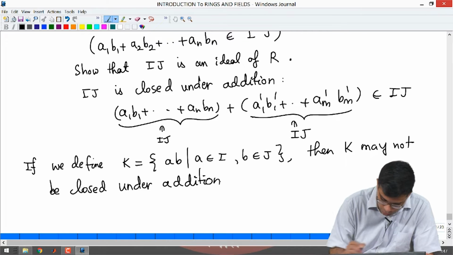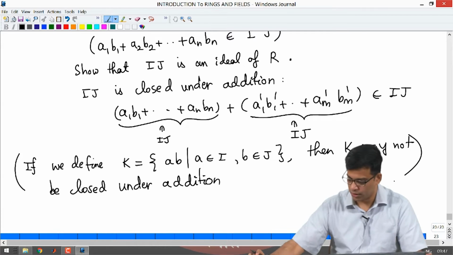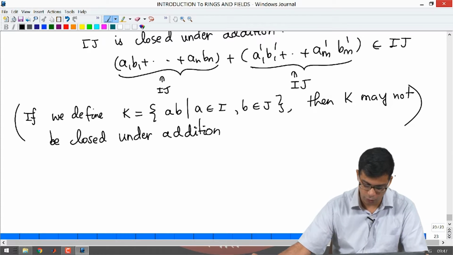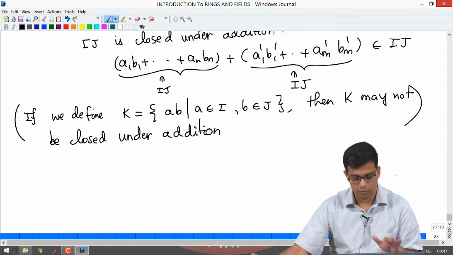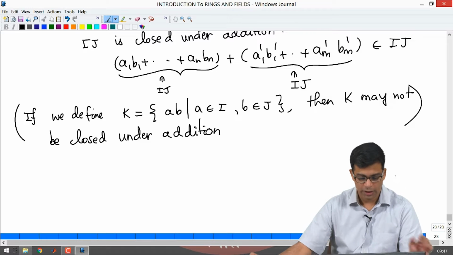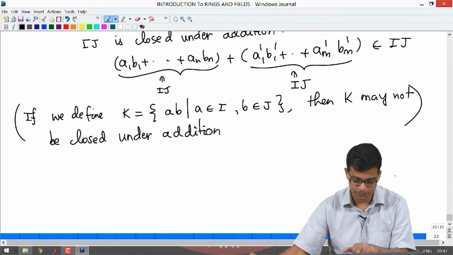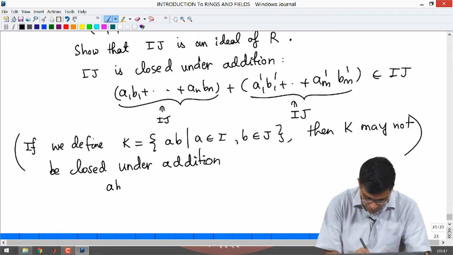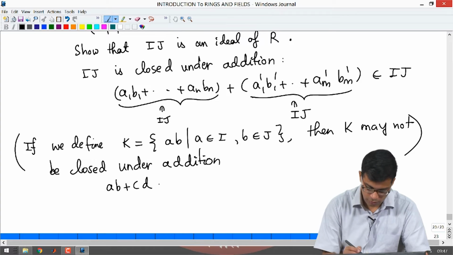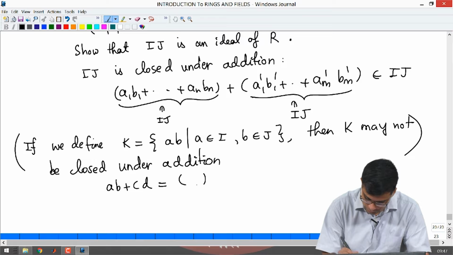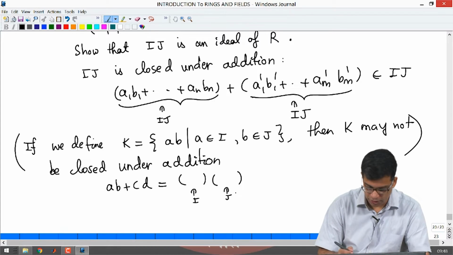I will only make this remark; one can construct an example, maybe later on I will talk about this, but if you play with rings a little bit, you can find an example. If you take ab plus cd, you want to write this as something in I times something in J, but that may not be possible.